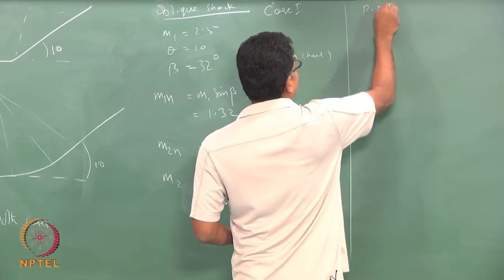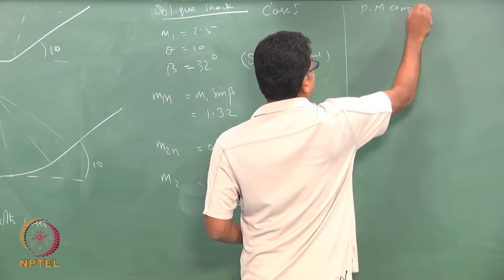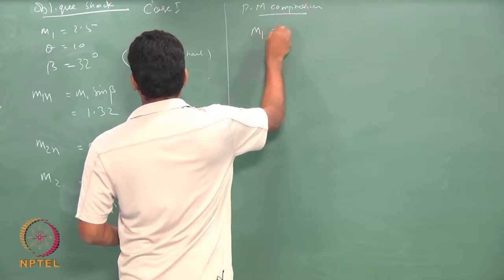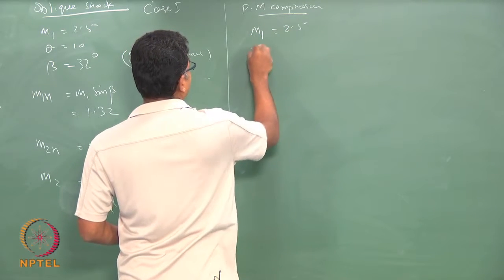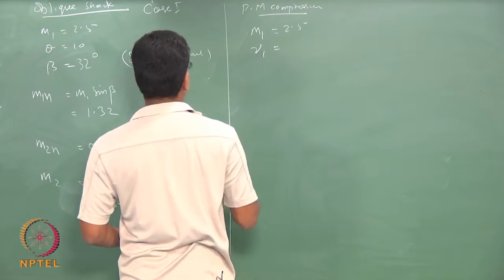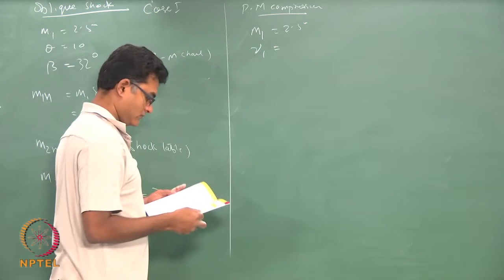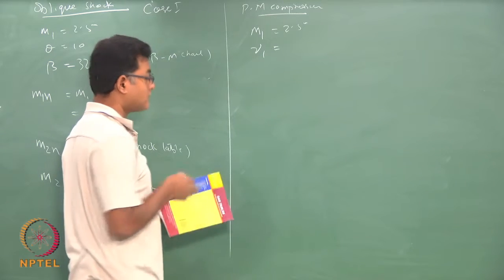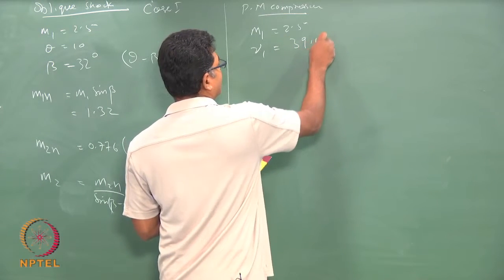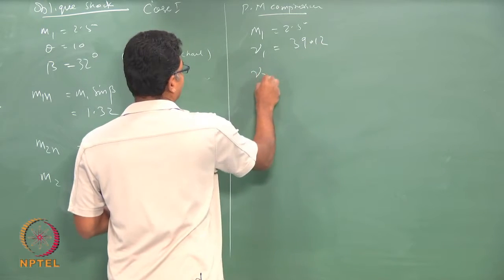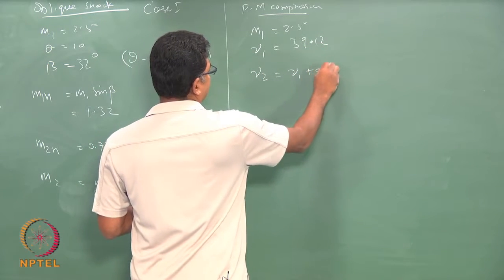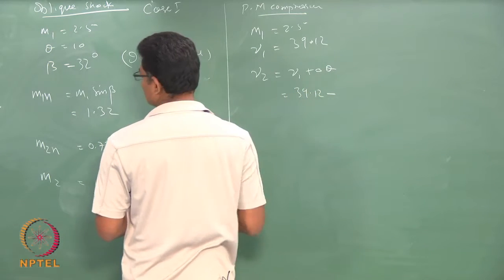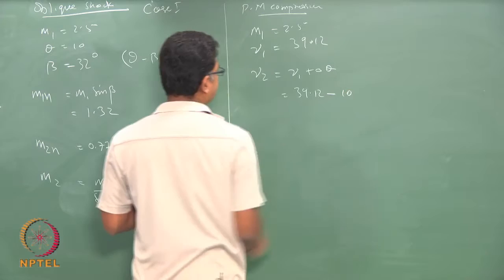For Prandtl-Meyer compression, my M1 is 2.5. So, my nu 1 is 39.12. Nu 2 is nu 1 plus delta theta. So, 39.12 minus 10 degrees.